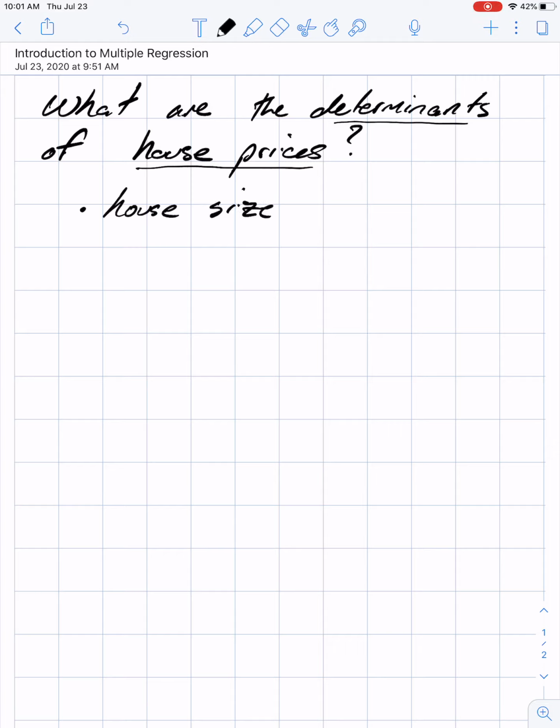Let's put that first in our list of potential independent variables. Another I think would be number of bedrooms. So let's just do two independent variables for now. These are probably both important and we'll just use this to motivate multiple regression.